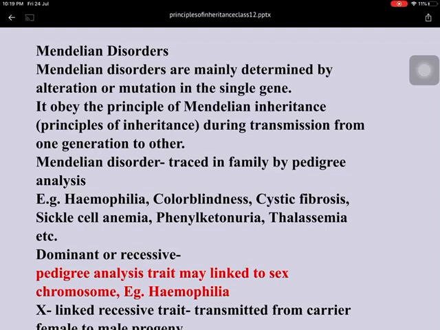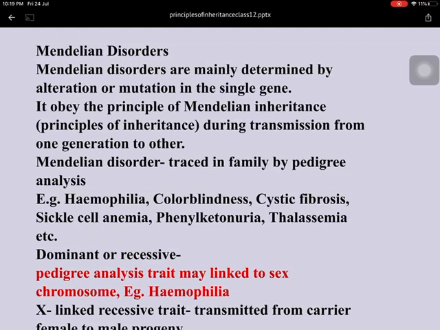Mendelian disorder is traced in a family by the pedigree analysis method, not by using Mendel's checkerboard, or you can say the Punnett square method. For example, what are the Mendelian disorders? Sometimes a question is given as what is a Mendelian disorder.